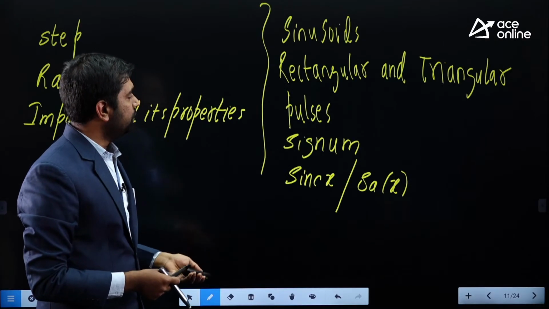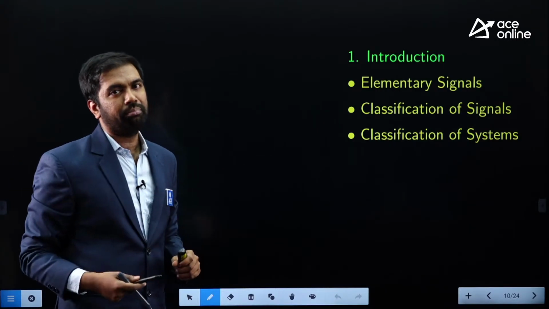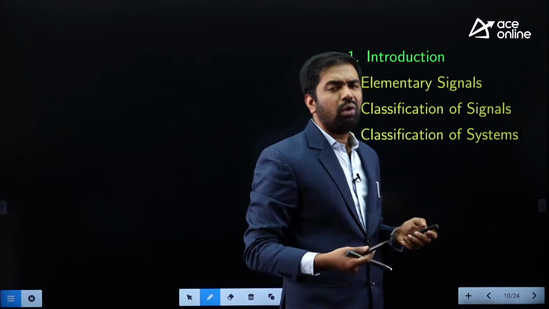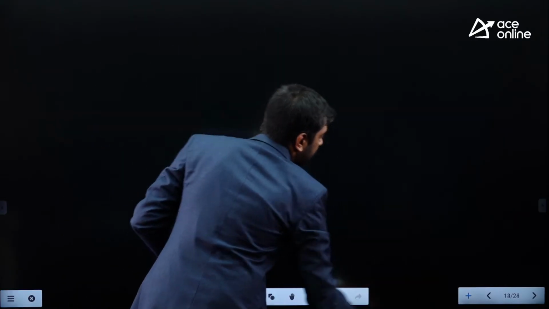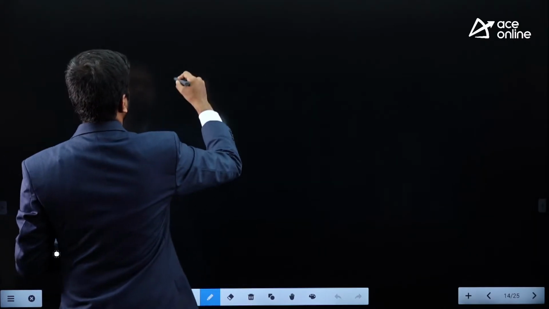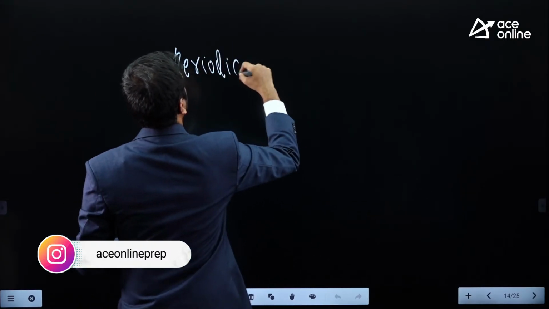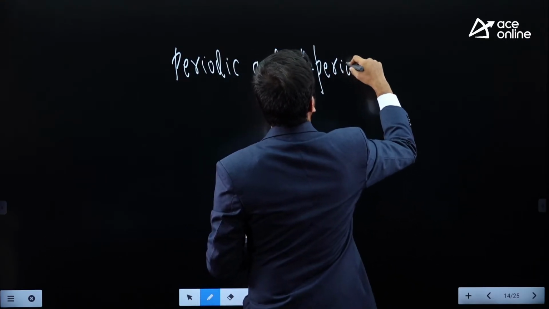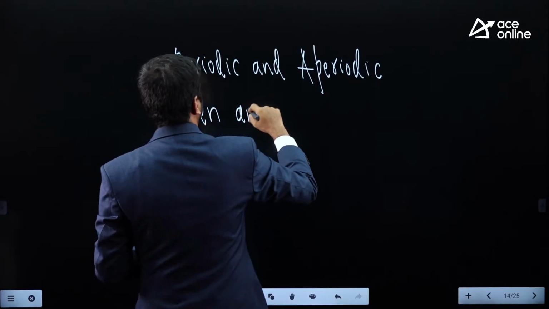So far we looked at elementary signals and basic operations on them. The next one is classification of signals. How are signals classified? So let's check them. They are classified as follows: periodic and aperiodic, even and odd.